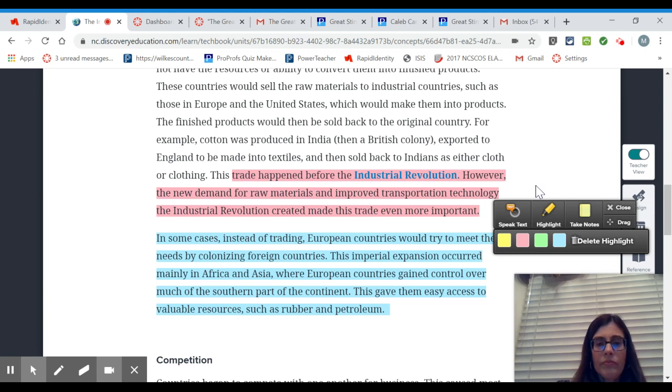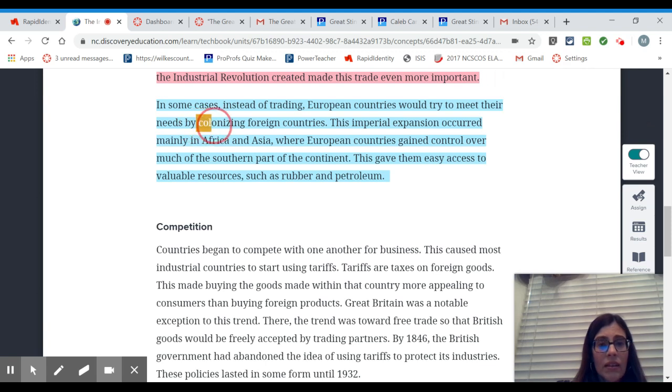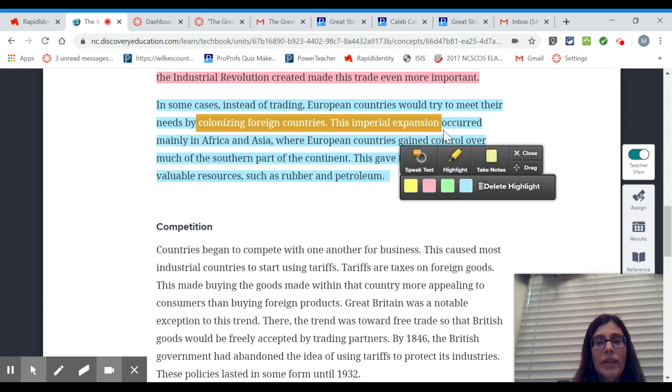So instead of trading, European countries would try to meet their needs by, and we talked a lot about this, colonizing other countries. And this idea of I have to colonize foreign countries and take them over to get my resources is called imperial expansion, henceforth imperialism.